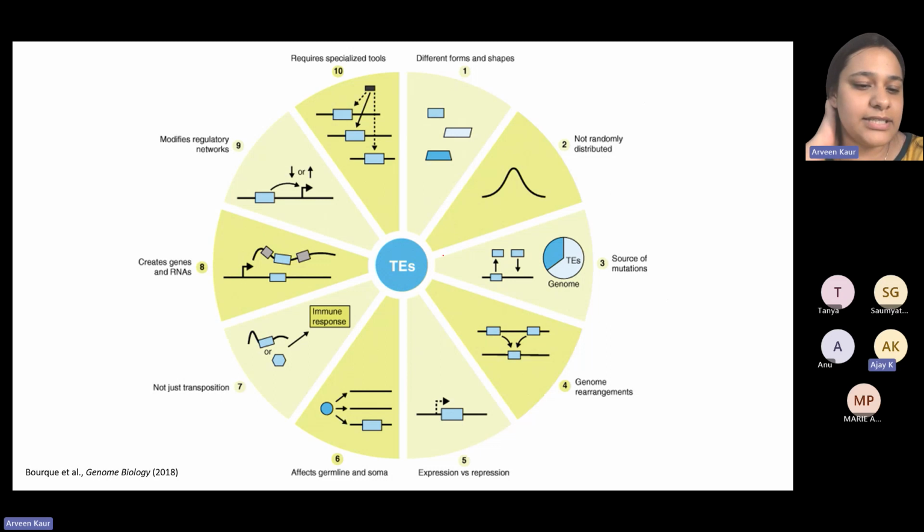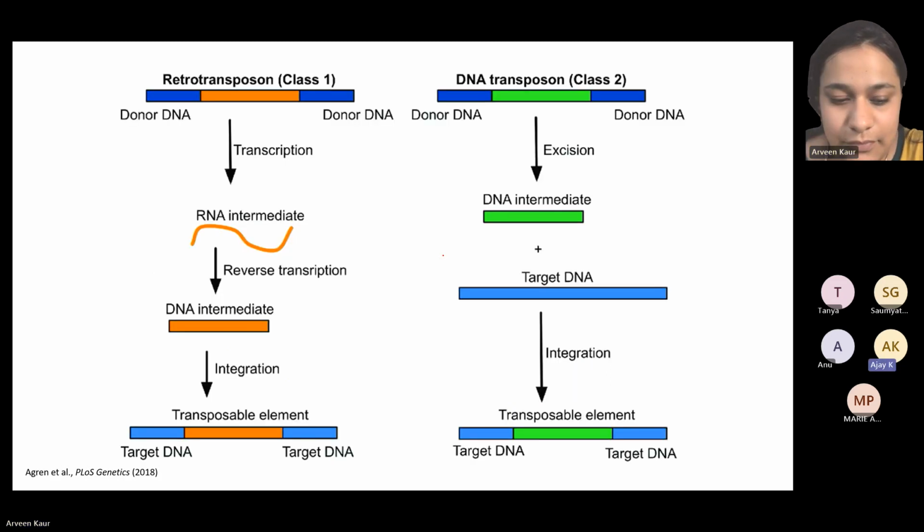Over here, the question is about cut and paste and copy and paste. First, copy and paste. So it is not a complete copy and paste. It is a rewriting, because uracil and thymine will be different in RNA, and it will be RNA dependent. Means RNA dependent polymerase will do it, and here it will be DNA dependent DNA polymerase.